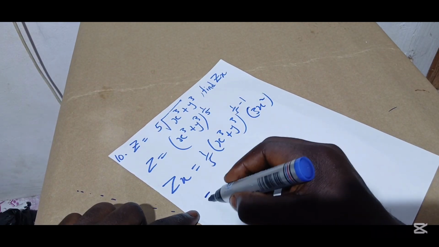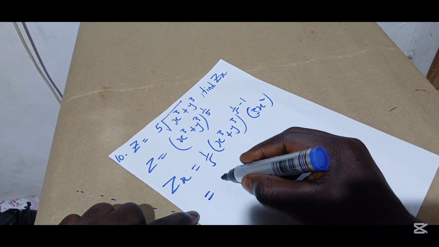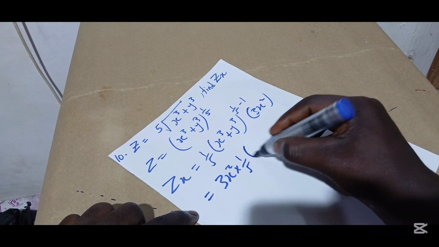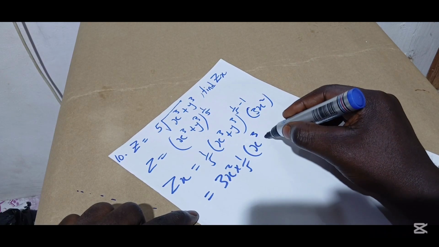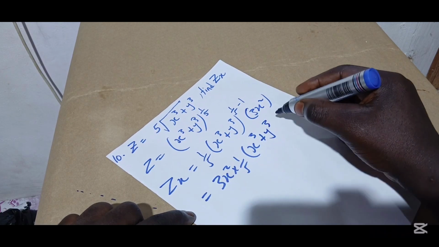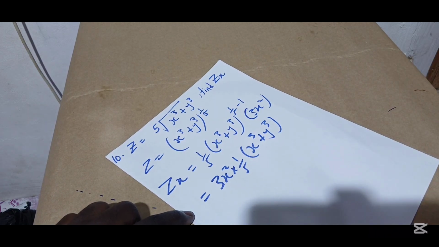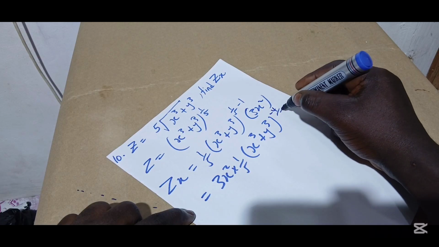So let's further simplify this. 3x squared by 1 on 5, x to the power 3 plus y to the power 3, all to the power 1 on 5 minus 1, gives me minus 4 on 5.